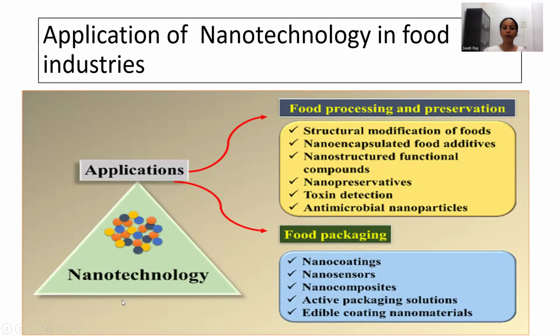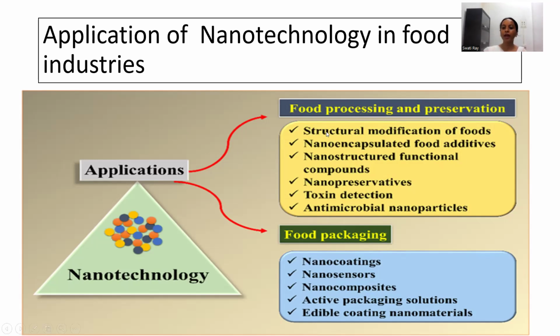The application of nanotechnology in the food industry is divided into two areas. One is food processing and preservation, and the other is food packaging. In food processing and preservation, nanotechnology is applied to modify the structure of foods. One example is the design of low-fat ice cream by the application of nano emulsion.